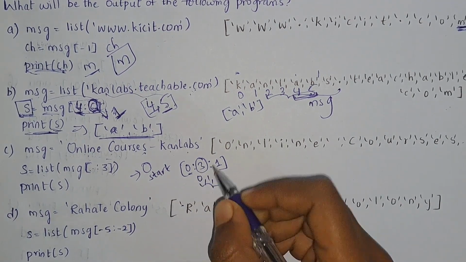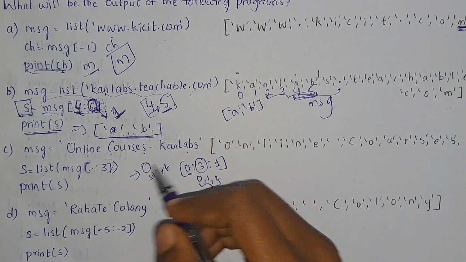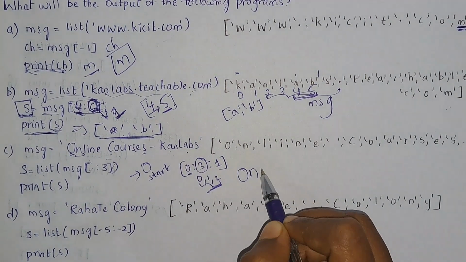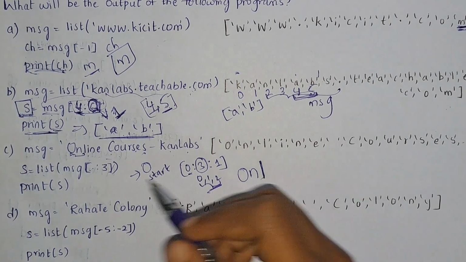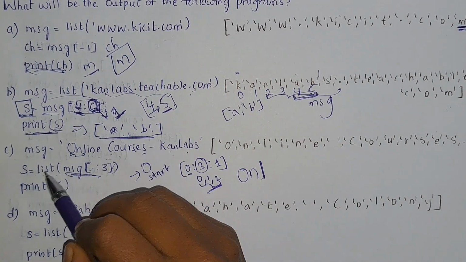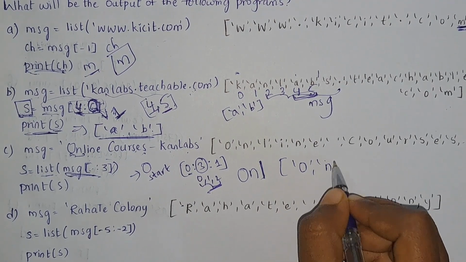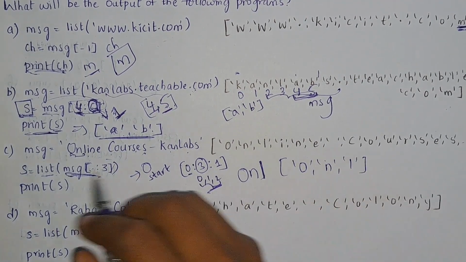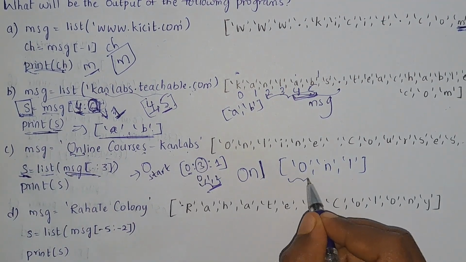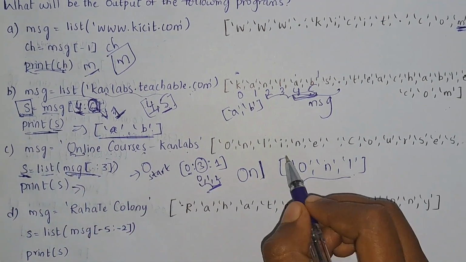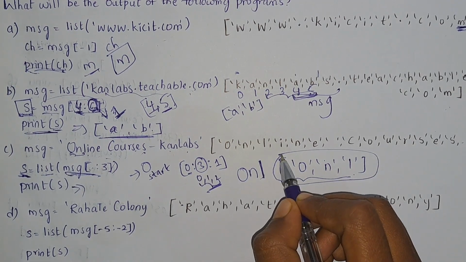So that means the items present at this particular index are O, N and L. Okay, now if you take those as the list, it will become O, N and L. So now S is a list with these items in this manner. So if you print this S, this will be your output.